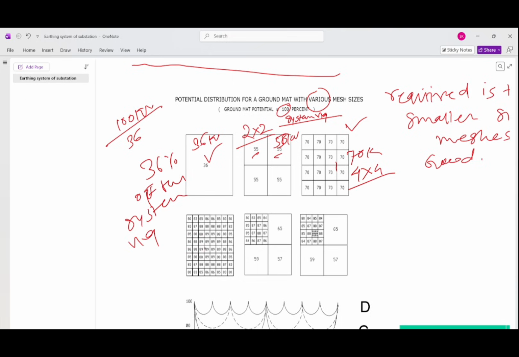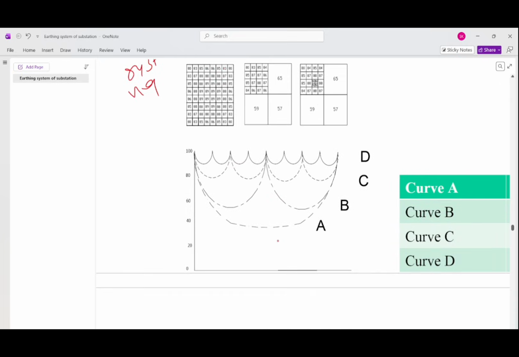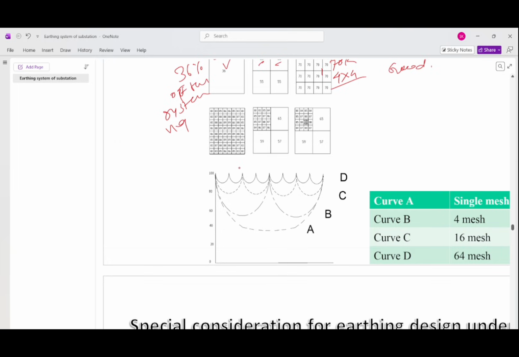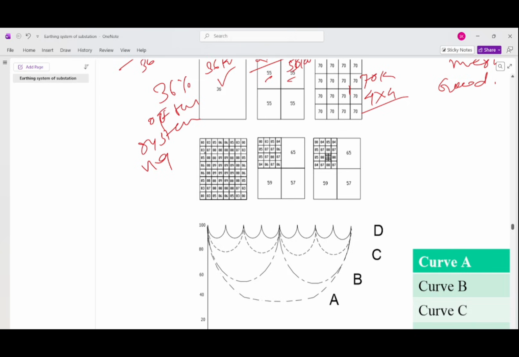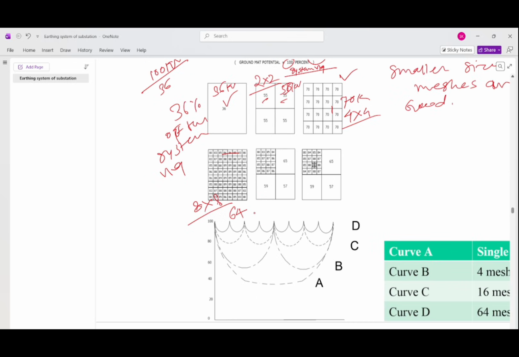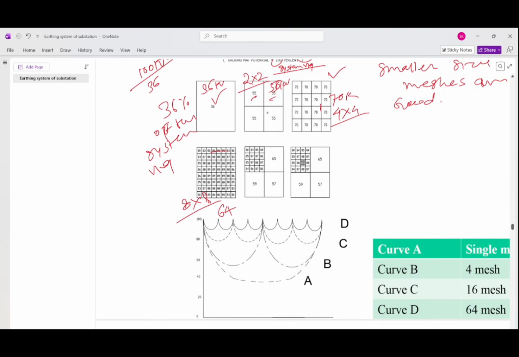Now what is the size of the meshes? C curve has 16 meshes. 8 by 8 gives 64 meshes, D curve. In the case of the D curve, 64 meshes are provided.